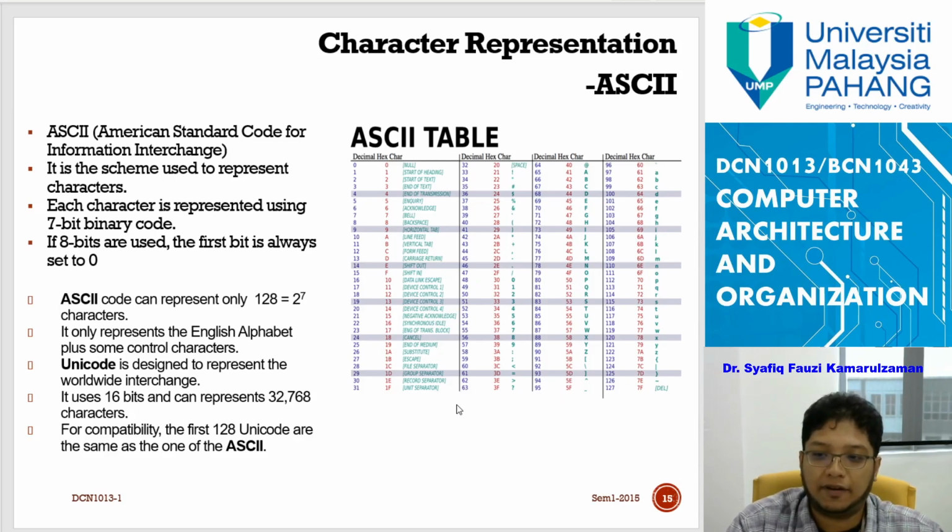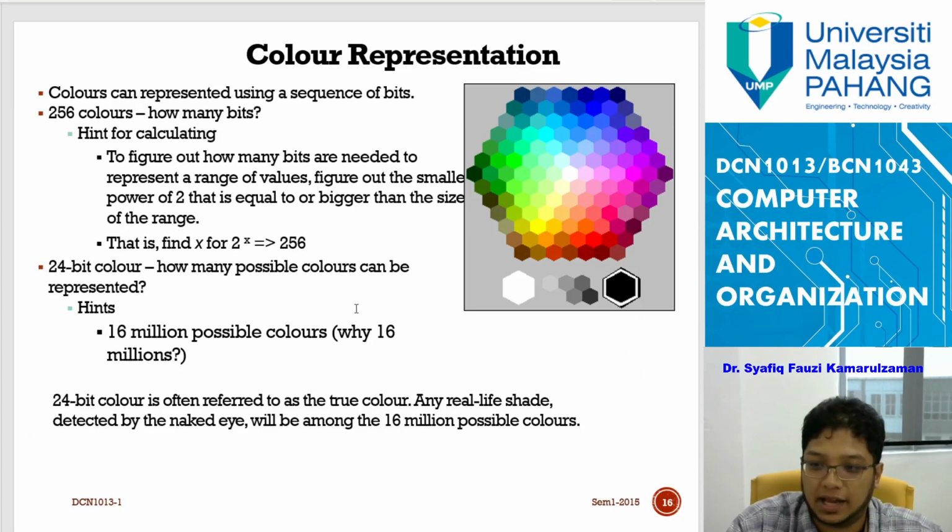Other than ASCII, you have others like Unicode. All of them are based on certain design standards for us to communicate efficiently using the computer, based on the binary itself. The binary also represents colors. Previously we had 256 colors. How many bits represent 256 colors? 2 power of x, so x is basically 7.